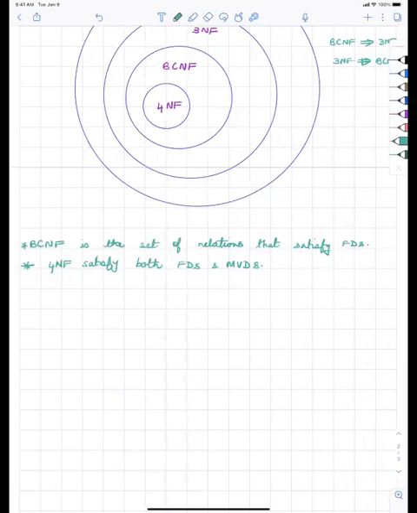For example, social security number determines name. Then I think we did: if today is a Sunday, then school is closed. So we did a few meaningful examples in the last class.